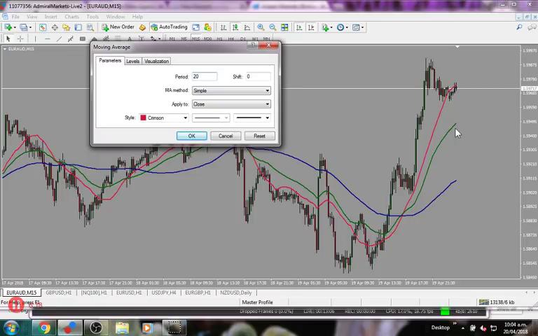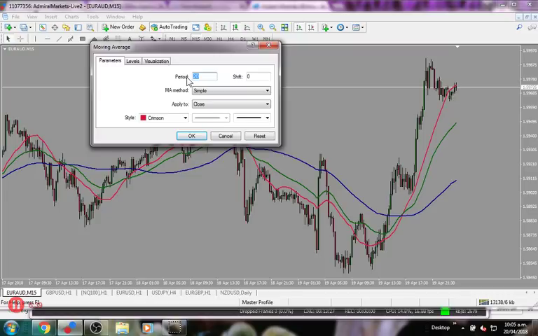This green line averages 40 candles, which is why of course it's lagging behind the red one, and the blue one uses 80 candles as its average. That's how they come about, and this is what's called the period. It simply says how many candles you want to average.